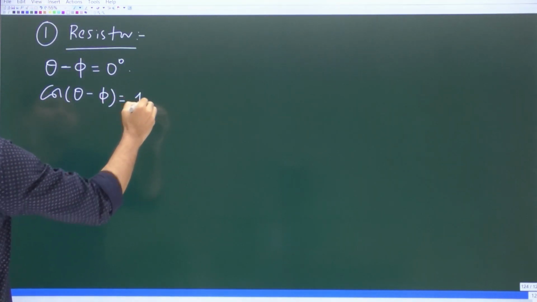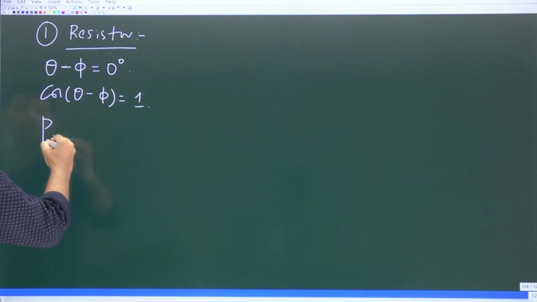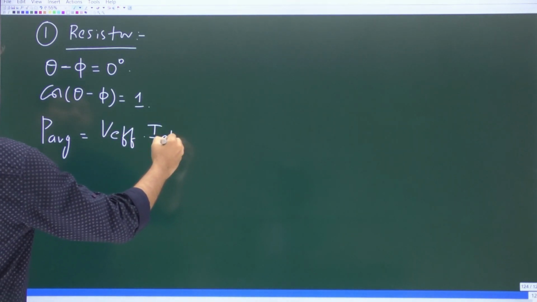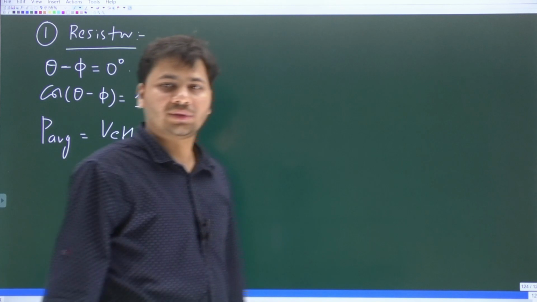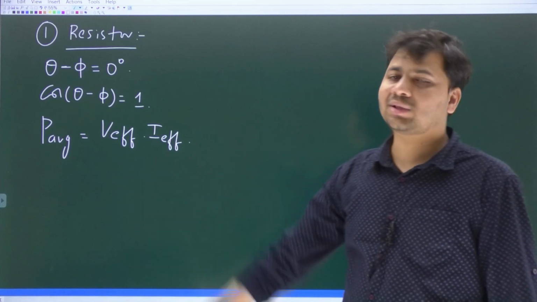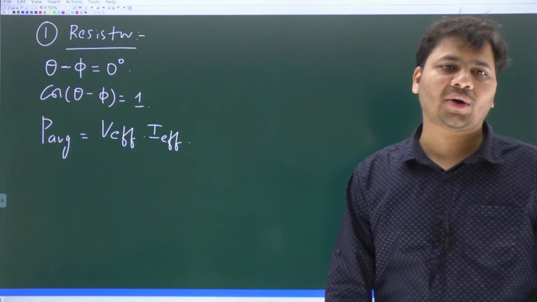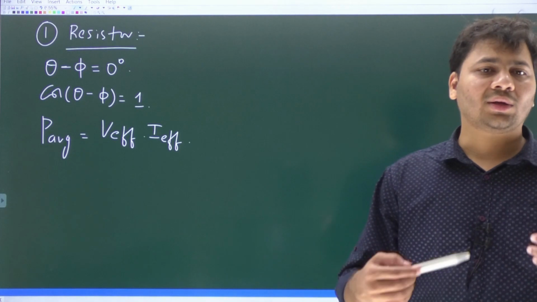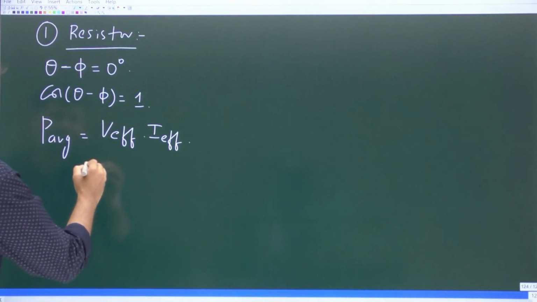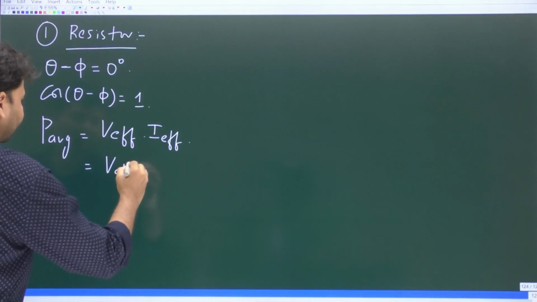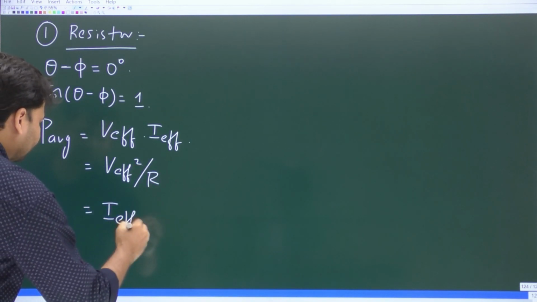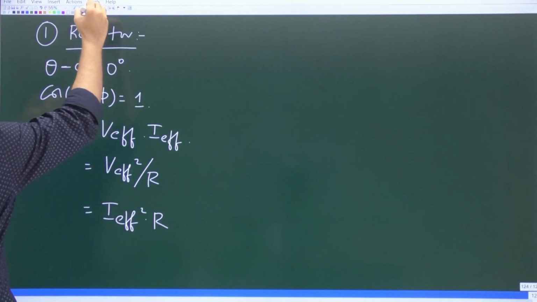So the average power dissipated by a resistor is simply V effective times I effective, because cos of theta minus phi is 1. The average power absorbed by a resistor is the product of the RMS voltage and the RMS current. From this we can get the other two expressions: V effective squared divided by R, or I effective squared times R.